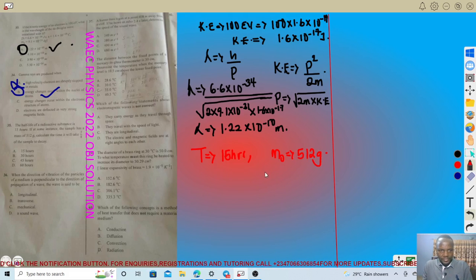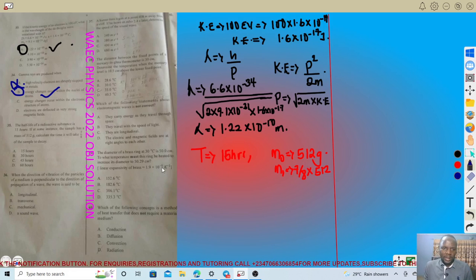Calculate the time it will take 7/8 of the sample to decay. I think this one is a simple question. You can say M1 is now 7/8 of this if you want to waste time, but I don't need to waste time.